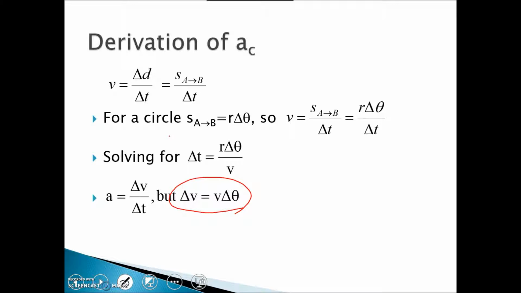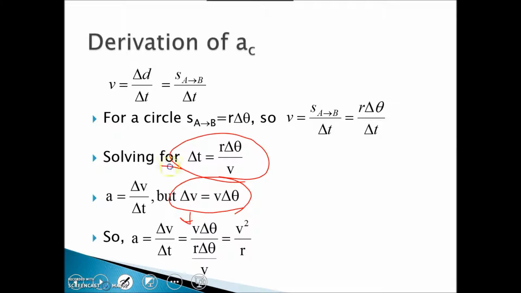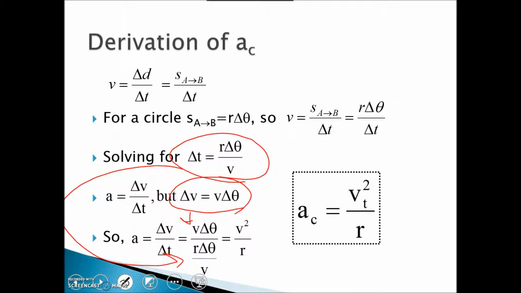So delta v is v delta theta. When we substitute that in for acceleration, and substitute in delta t, it's getting kind of messy, but with a little bit of simplifying, we get our centripetal acceleration expression: tangential velocity squared over r.